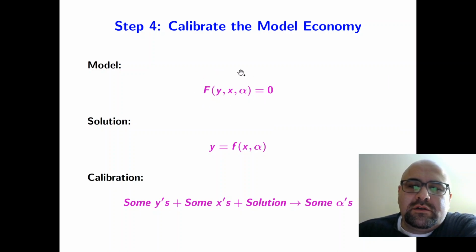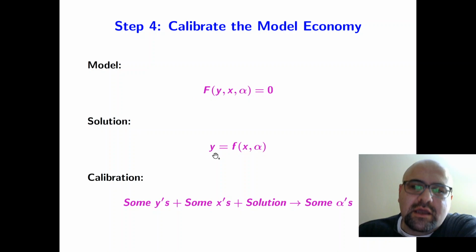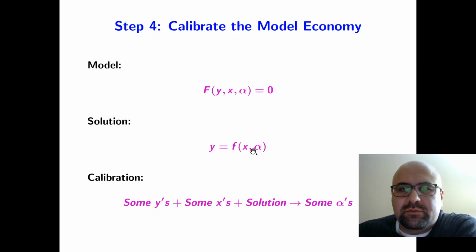In very abstract terms, any kind of model can be represented in this way. By solution, we mean writing our endogenous variables in terms of exogenous variables and structural parameters.